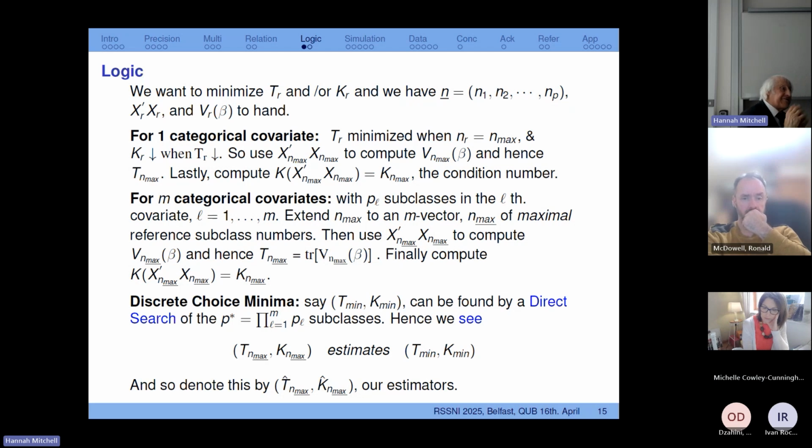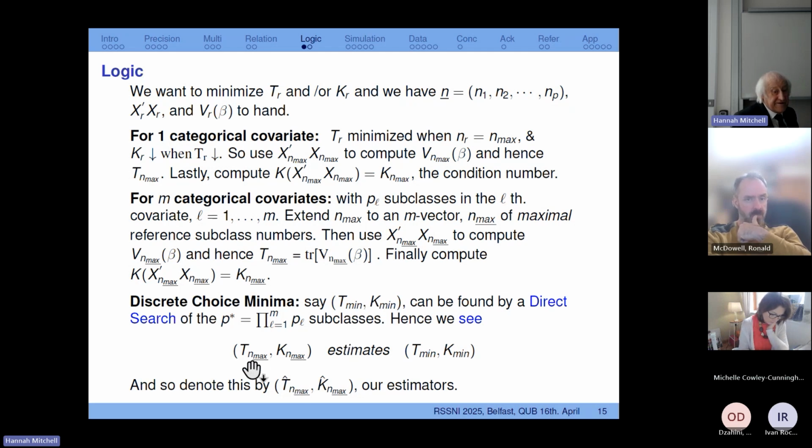So we can think of the values of T n max and K n max as estimating the discrete choice minima, T min and K min.